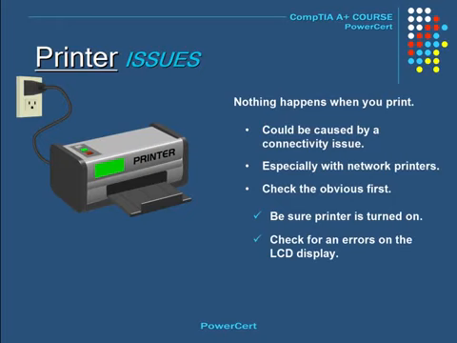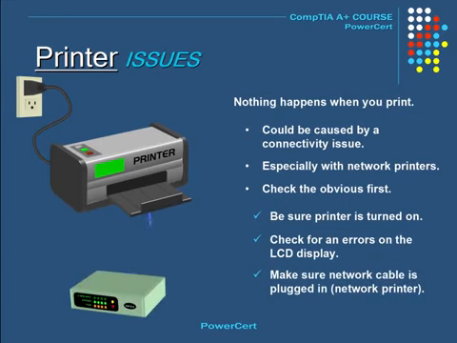Or if the printer has a wired connection, then make sure that the network cable is connected correctly. You should always check the obvious things first before diving into the more complicated issues, such as seeing if the printer has an actual IP address. Because doing the simple and obvious things first will save you a lot of time.